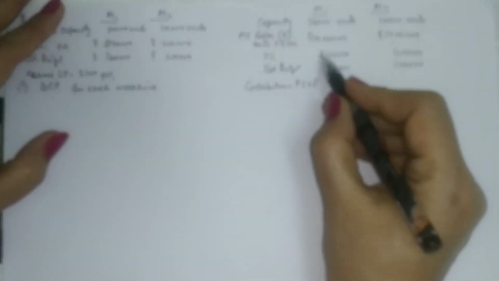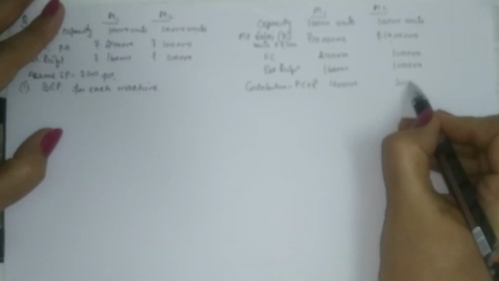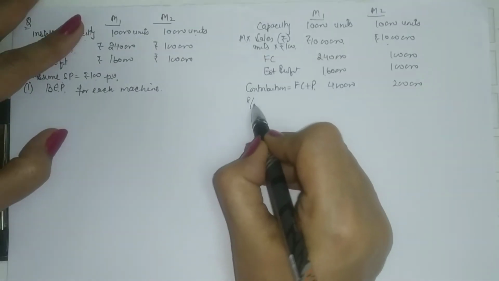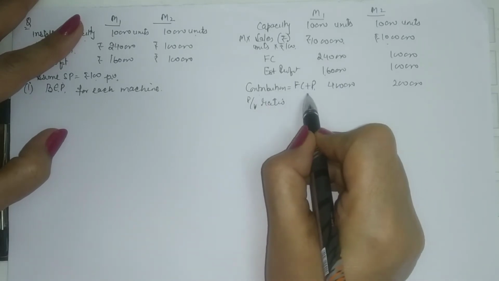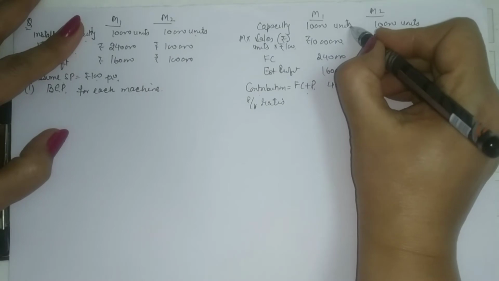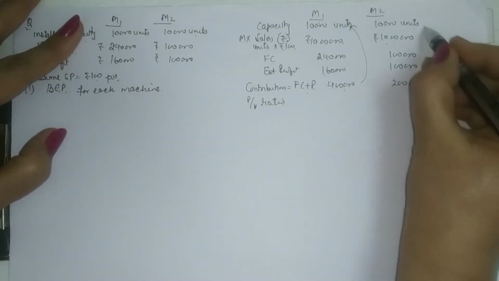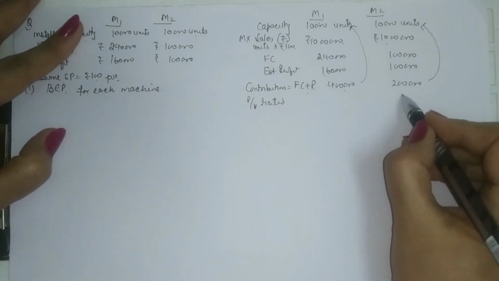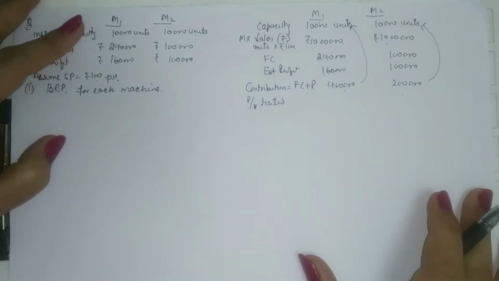So it is going to be 2,40,000 plus 1,60,000, that is 4 lakh here, and it is 2 lakh here. We can determine contribution per unit also, because when you relate it with the units, your contribution per unit is 40 rupees here, and 20 rupees here. So that we can also take up if we want to calculate amounts in unit terms.